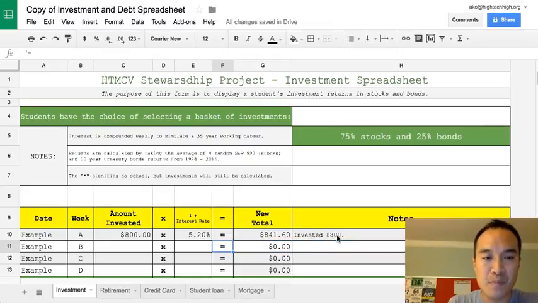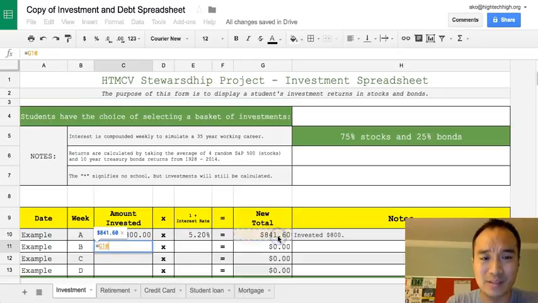All right, so week B, as in boy, or let's say week 2, they're going to invest another 500. So here's how to do that. I'm going to basically take this amount and I'm going to add 500. So how you do that is you go equal sign, click on this, plus 500.